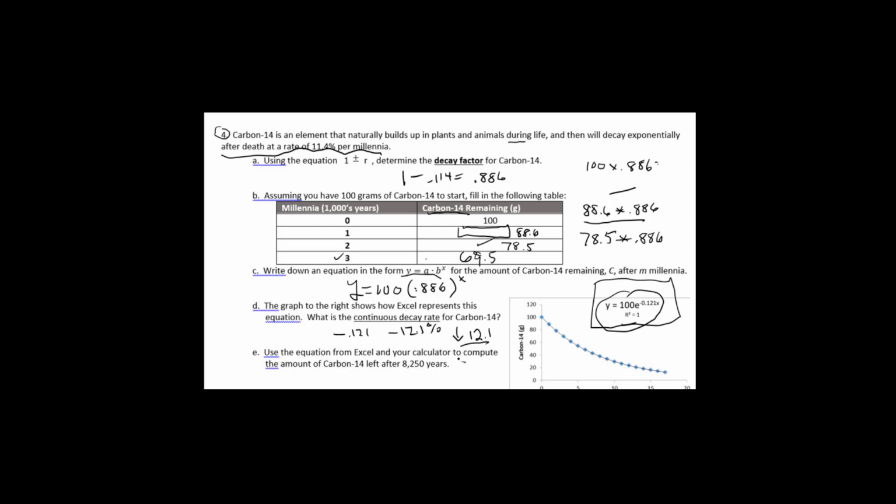So you're going to put in your calculator 100 times e raised to the negative 0.121 times what? And if you answered 8.25, you would be correct. Because that's 8.25 times 1,000, 8,250 years.